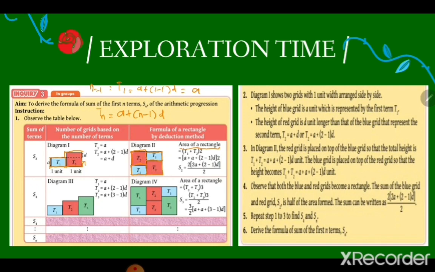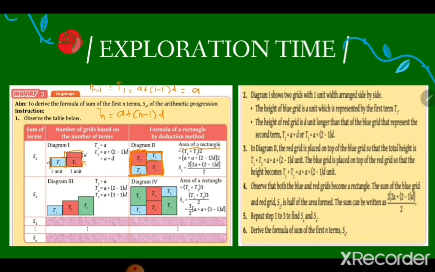Why? Because we want to find the area of the rectangle. So the addition of the first and second term is to produce a rectangle.